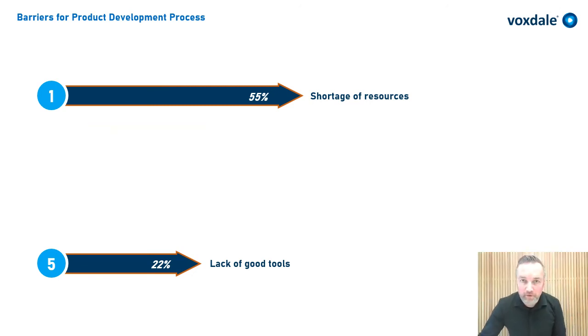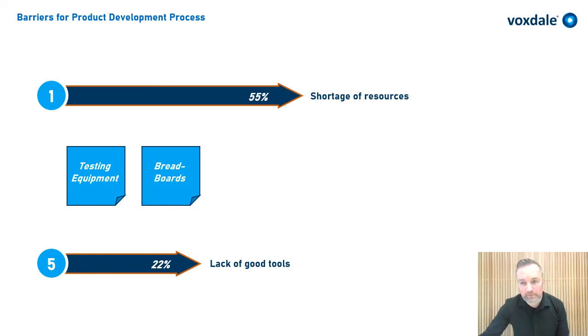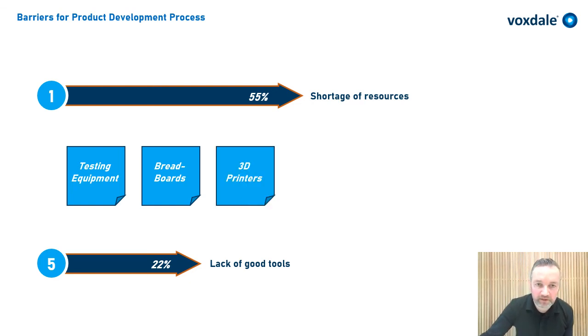Looking at tools and thinking about all the things you need to get your proof of concepts and prototypes verified. From a product development point of view, you should think of testing equipment, testing benches, breadboards, mainly for system engineering, software and hardware testing, 3D printers.